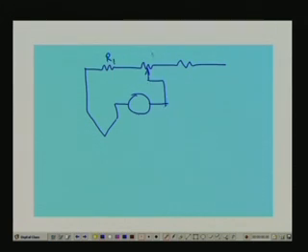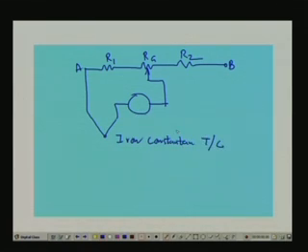This is R1, this is RG, and this is R2, this is A, this is B, right. So, this is our iron constantan thermocouple, and it has a range of 150 degree centigrade to 650 degree centigrade, right.